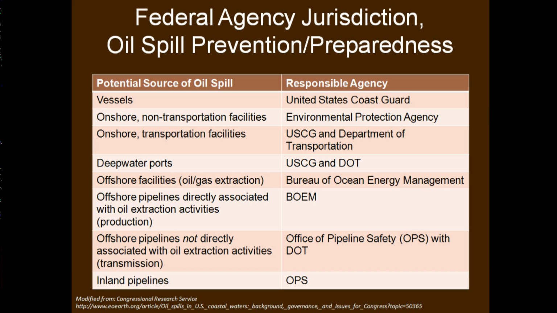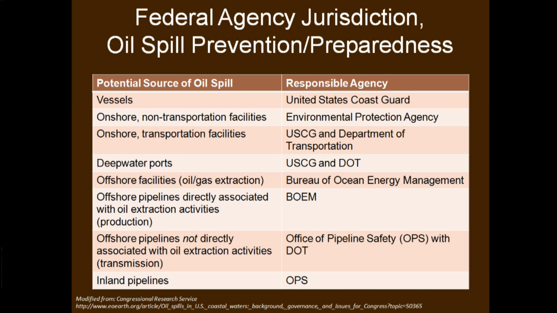So a little bit about oil spill jurisdiction, which federal agencies have jurisdiction at what times. In terms of oil spill prevention and preparedness, it's fairly complicated. If you are looking at preventing spills from vessels or ships that are carrying crude oil, the U.S. Coast Guard has jurisdiction.